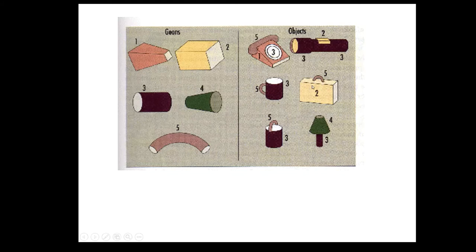And so the geons are going into this object and helping us recognize the object, because the idea is that we see the geons and recognize them, and then we put them together and say, okay, so what object has this combination of geons? Oh, it must be a flashlight. And what object has this combination of geons in this setup? Oh, it must be a coffee cup.